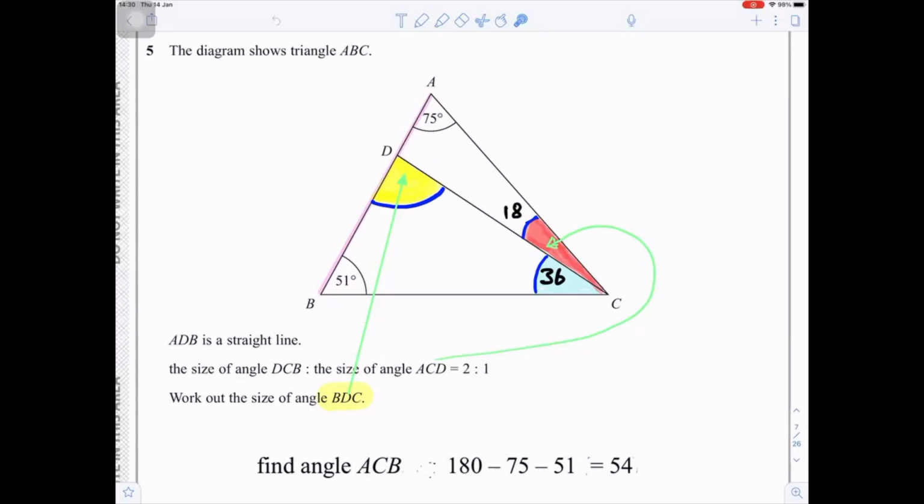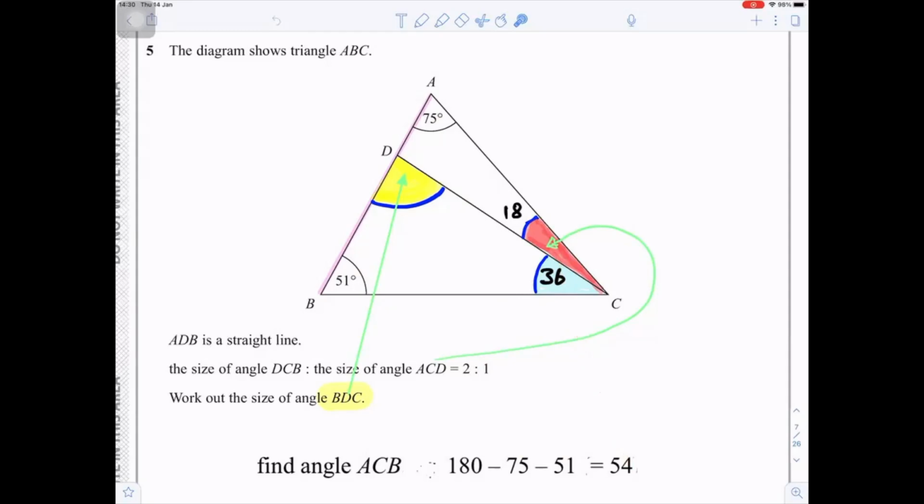So let's find the angle ACB. ACB is this angle. I'm highlighting total angle ACB. The angles in a triangle add up to 180 degrees. So to get ACB, 180 take away 75 and take away 51 gives you 54.